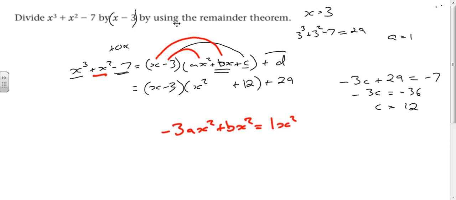So again, what we're doing is this bracket times this bracket equals this thing here. The way we get our x squared is we do x times bx to get bx squared, and we do minus 3 times ax squared to get minus 3x squared. Now we know that that should equal 1x squared, or just x squared.